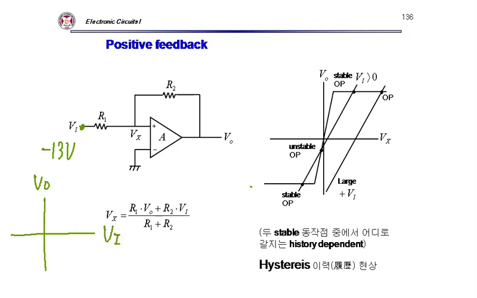If I start from here, very negative voltage of Vi, the operating point is here, for Vi negative, so my output is this very negative voltage.